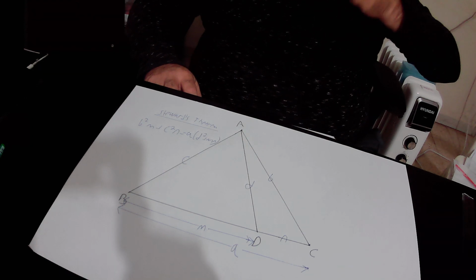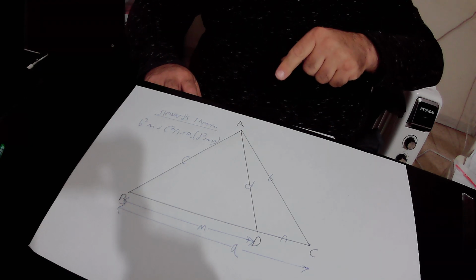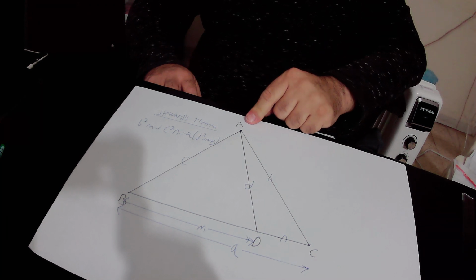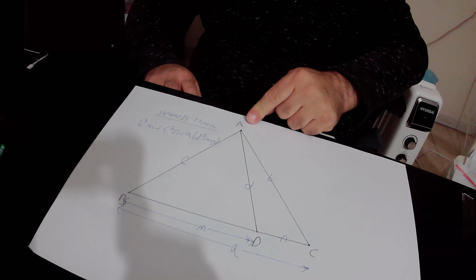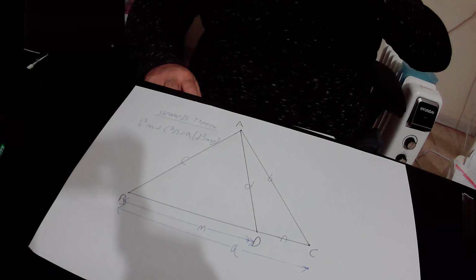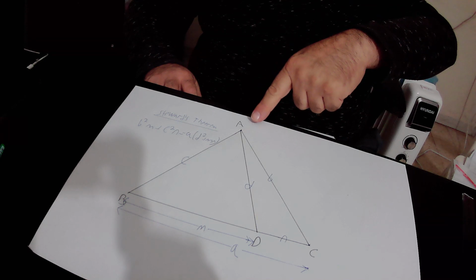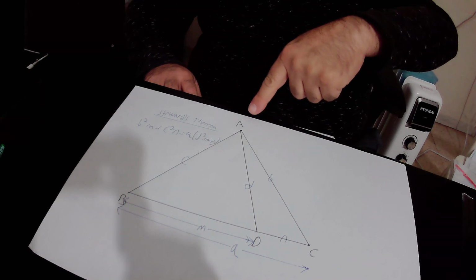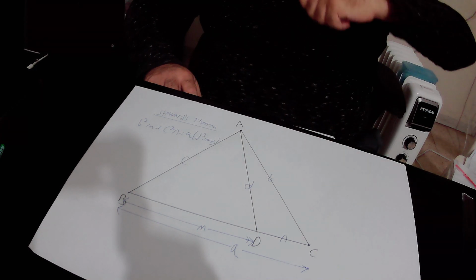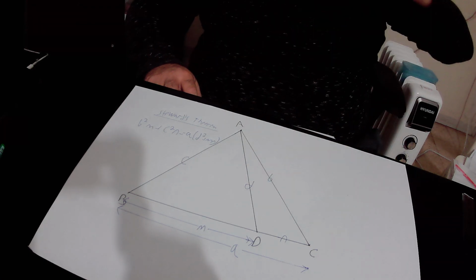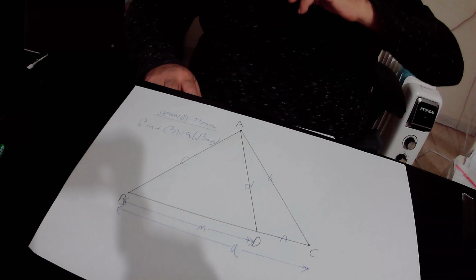The definition of a cevian is a line segment that exits from a vertex, here vertex A, and ends at the opposite side, side BC. So here AD is the cevian of triangle ABC.